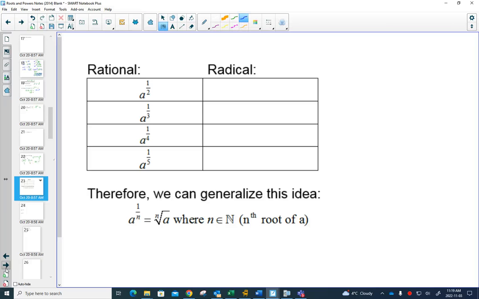So we can take each of these now and realize the pattern that a quarter would be a fourth root, a fifth would be a fifth root, and we can generalize this works for any number that n would be an nth root.